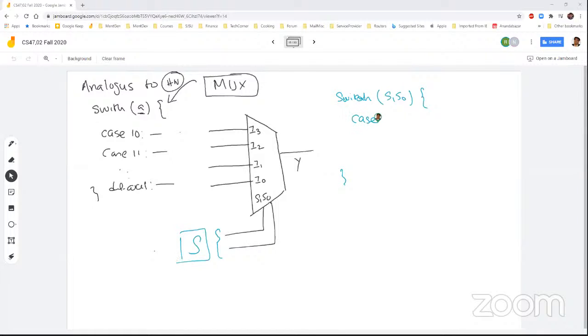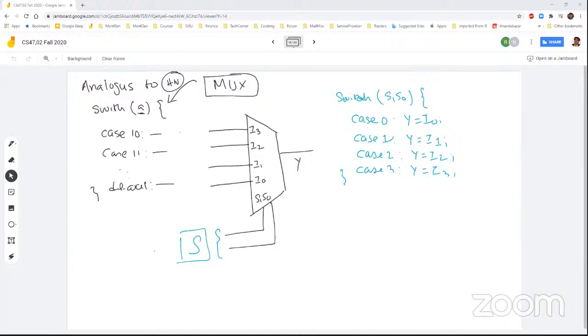Case 0, Y equals I0. Case 1, Y equals I1. Case 2, Y equals I2. Case 3, Y equals I3. So practically this is an if-then selection or decision-making component at the electronic circuit level or logic circuit level.